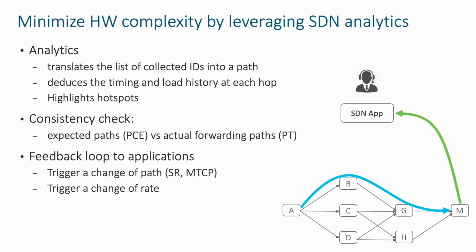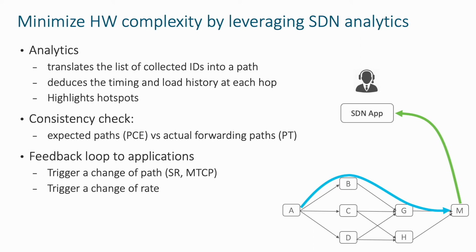Also in this SDN application, because it has communication with the path computation element, PCE, we can do quite interesting things. For example, from the PCE, we can get the list of expected paths which will be based on the control plane information and compare this list of paths to the actual paths seen by path tracing, which reflects the actual hardware forwarding.